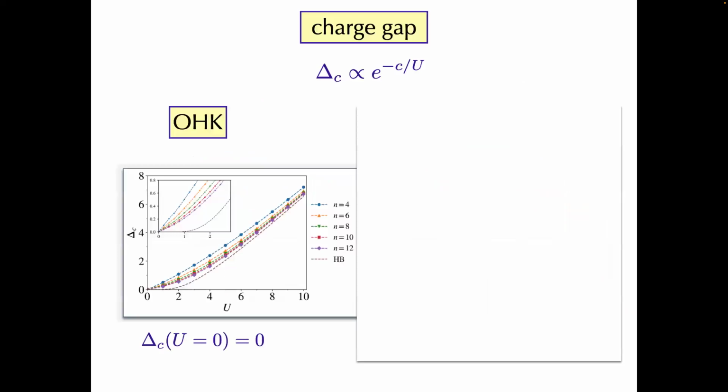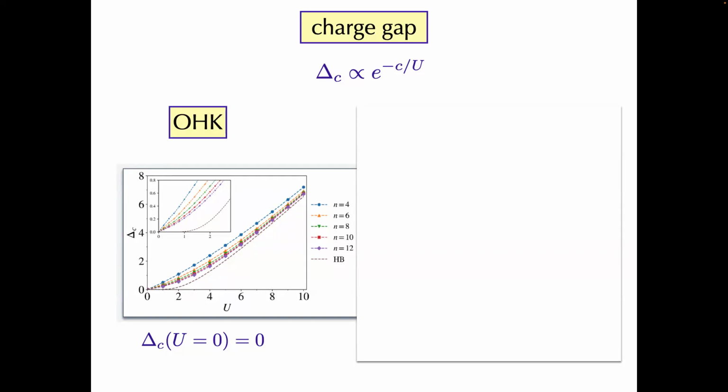Okay, now the real thing is the charge gap. In the 1D solution for the Hubbard model, you know there's an essential singularity. Okay? This is the result that we end up with for the orbital HK model as a function of the number of orbitals. And this dashed line is the Bethe ansatz result.